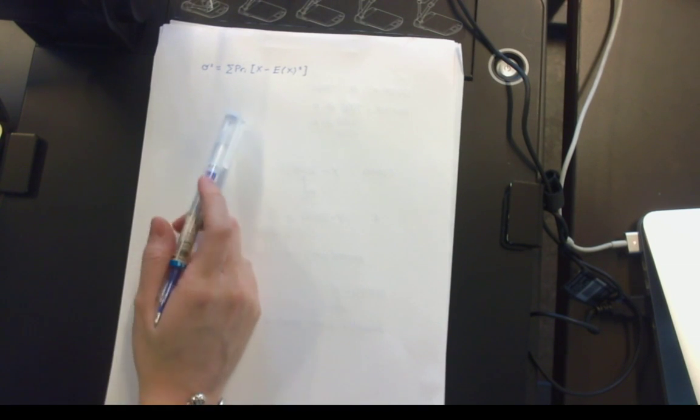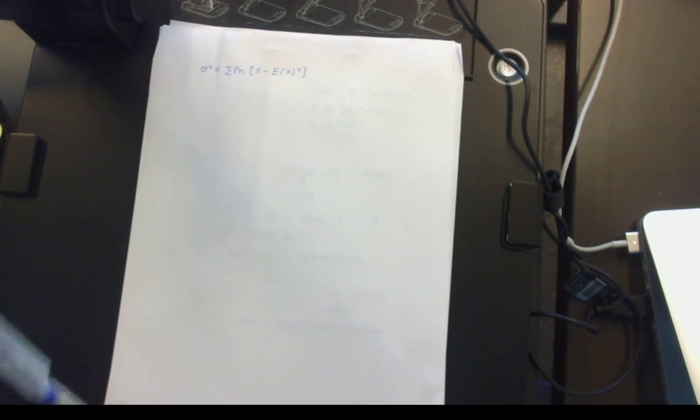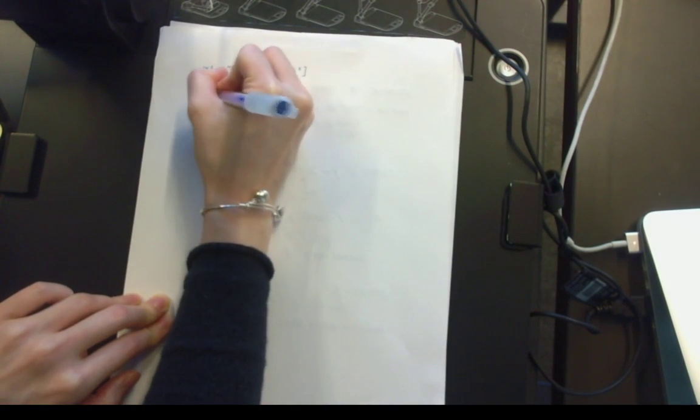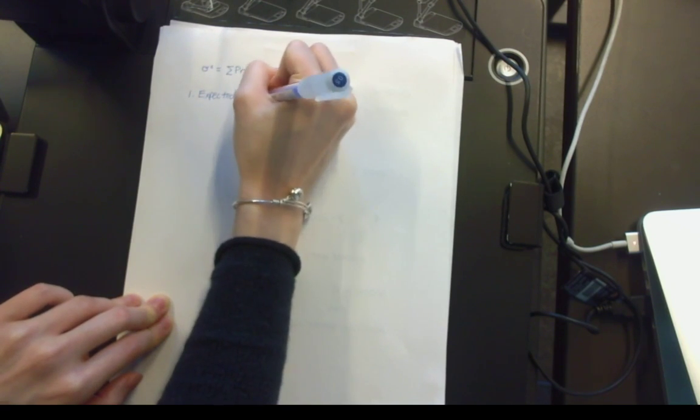The question is asking which option has the higher risk. The risk is measured by variance, and the larger the variance, the greater the risk. The first thing you need to do here is calculate the expected value of each option.